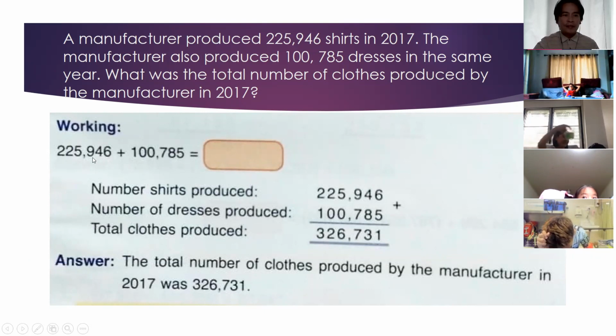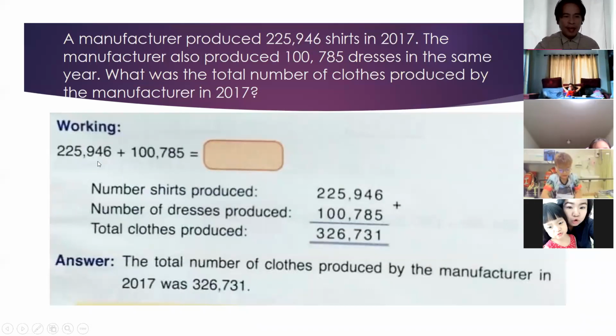So look at this. The number sentence should be 225,946 plus 100,785 is equal to blank. Okay, so you can do the description part using the quotation symbol, the colon. Look at this colon.